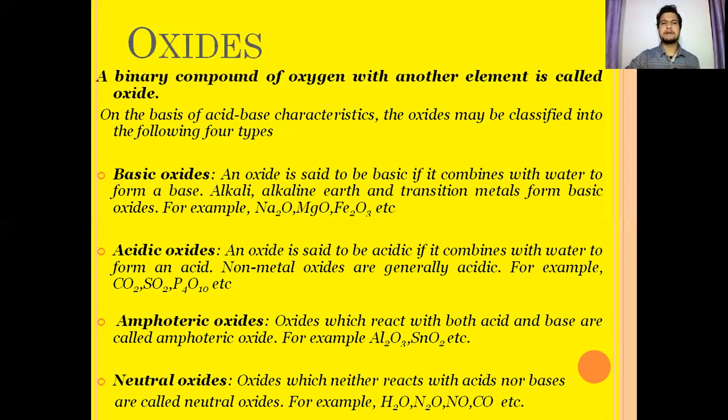One such example is Fe3O4. In Fe3O4, iron is present in 2 oxidation states, +2 and +3. Actually, Fe3O4 is nothing but a mixture of FeO and Fe2O3. You add FeO plus Fe2O3, and what you get is Fe3O4.